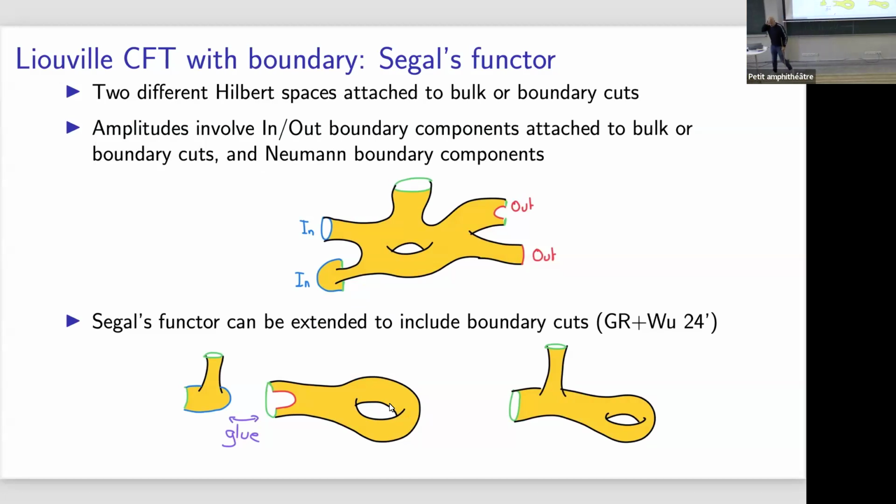They are both Fock spaces, but the Hamiltonian and the structure are a bit different. In the bulk cuts you have two copies of the Virasoro algebra. Here your Hilbert space for the boundary to boundary will carry only one copy of the Virasoro algebra.